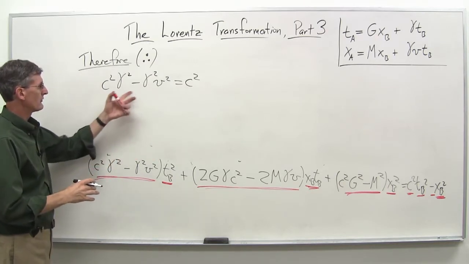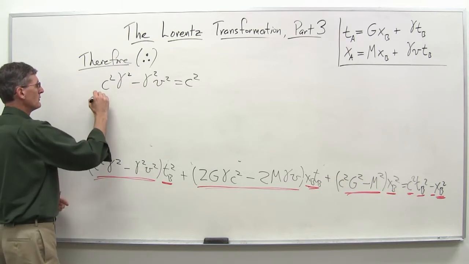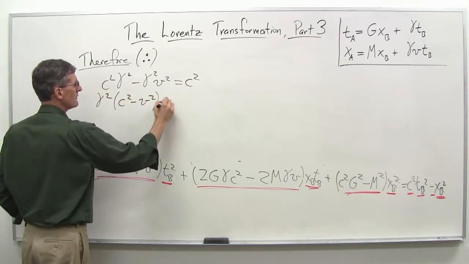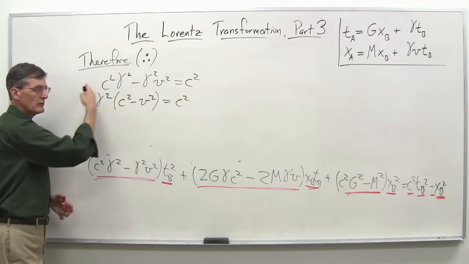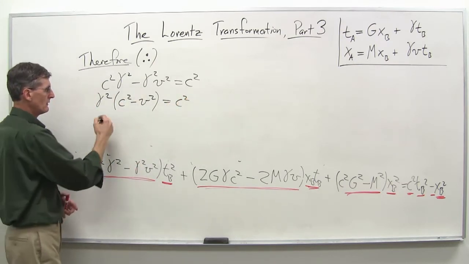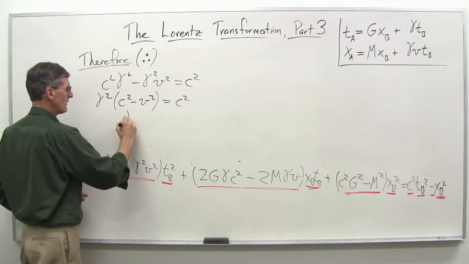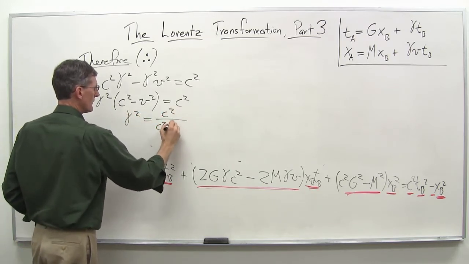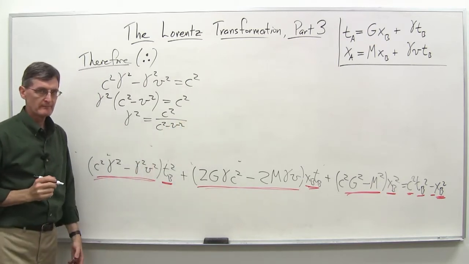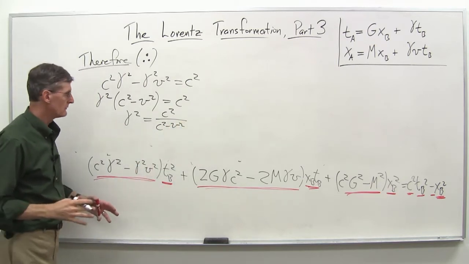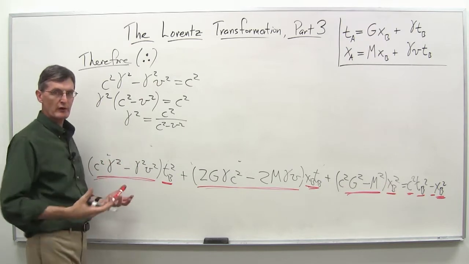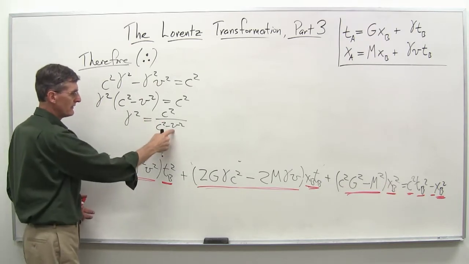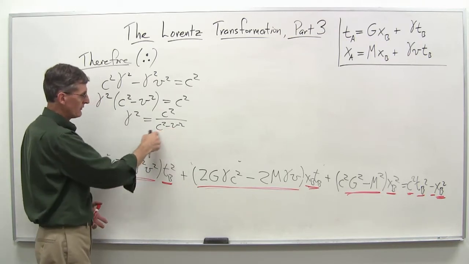Well, on this side we have a gamma squared in both terms, so we can do gamma squared times C squared minus V squared equals C squared. I just pull out the gamma squareds there, and then divide both sides by C squared minus V squared. So I get gamma squared equals C squared over C squared minus V squared. It should be looking a little familiar to you now. Take the square root of both sides. Everything is positive, so we don't have to worry about it. V is less than C, so this is positive down there.